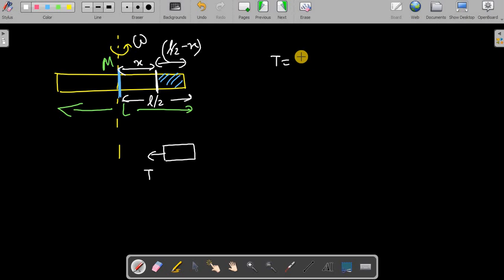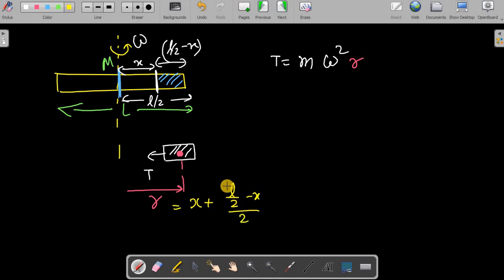That tension will be the mass of this part, let's say that mass is small m, times omega square into radius. Radius means its center of mass. You have to see this center of mass is at this distance, the radius. m omega square r. That r we can calculate, because this x is already there, plus L by 2 minus x divided by 2, because we have to take half of this length, right?